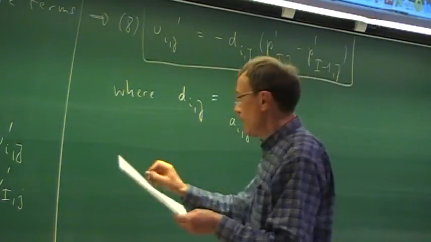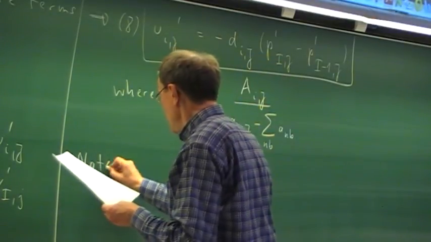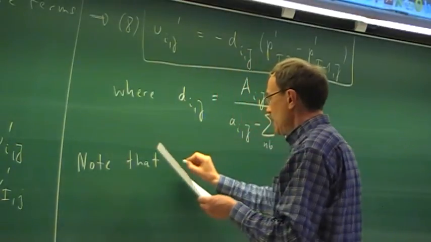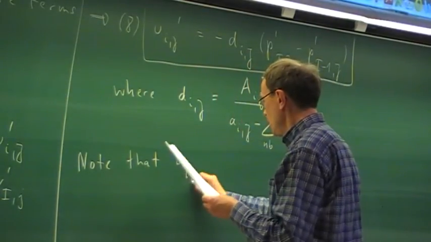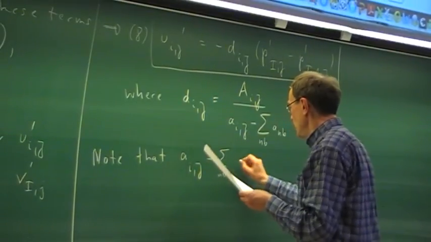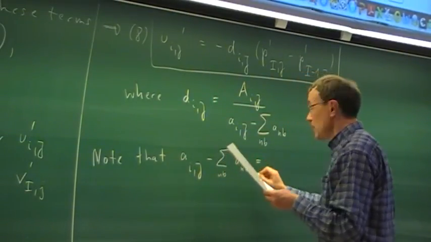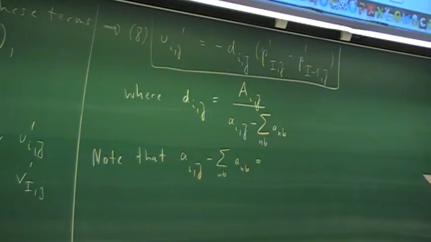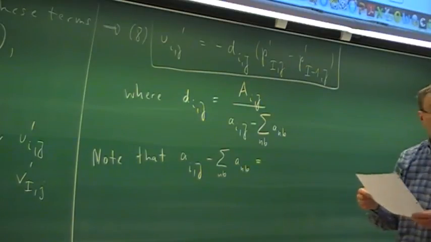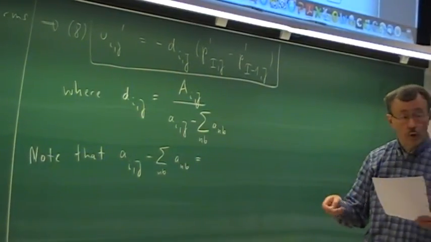But there is a thing that one should remember, that the center coefficient, ui capital J, minus the sum over the neighboring coefficients, as we said when we wrote down this center coefficient, is the mass flow over the control volume.